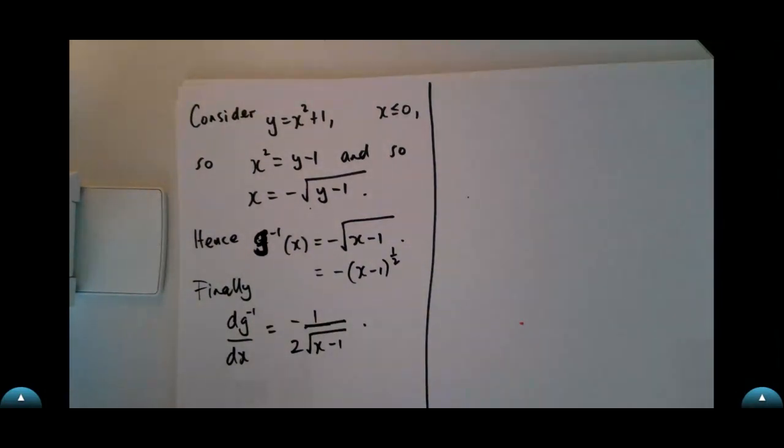Okay. So let me just try something here in the background on GeoGebra. Okay. Let me see if this works. So just bear with me for a second.